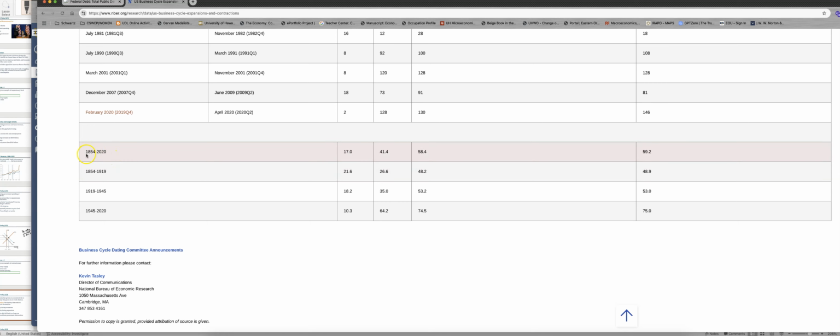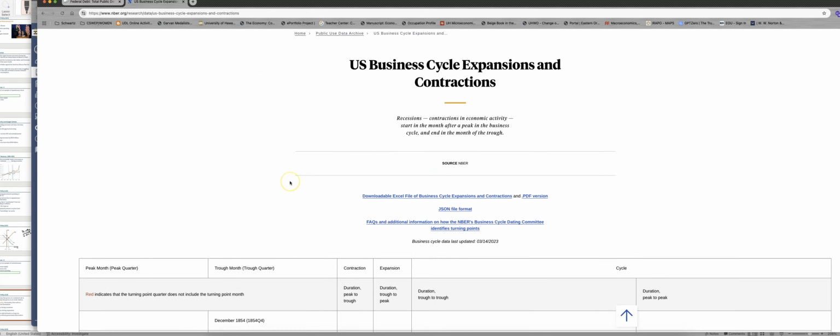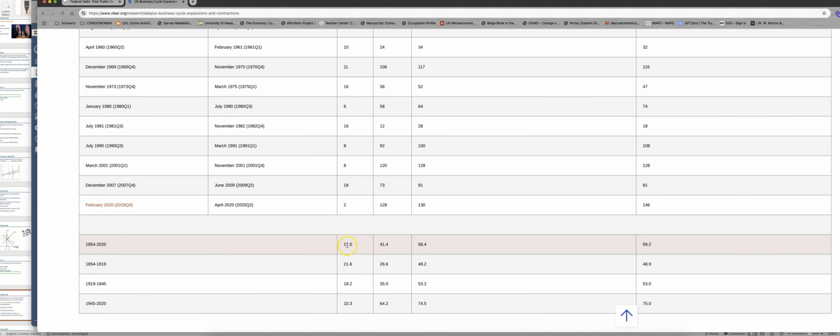From before the Civil War, we used to have an economy that was shrinking for almost a year and a half and then growing for about 3 years. And look what we've done now. We've gotten it where the economy is growing for 5 years and is only shrinking on average for less than a year. And that's in the post-World War II era.